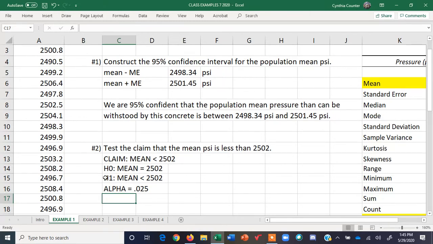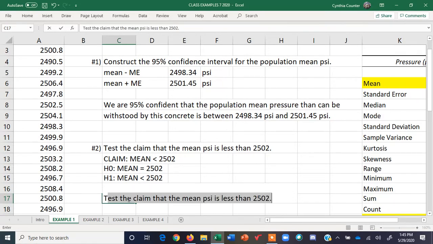Now, when we do a claim about a mean, we are going to use the t-distribution. That means we need our test statistic, which is the t-statistic.